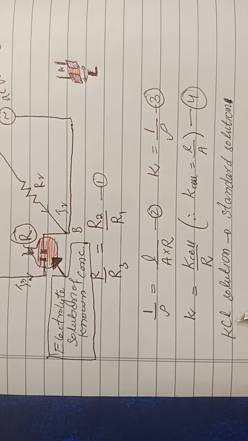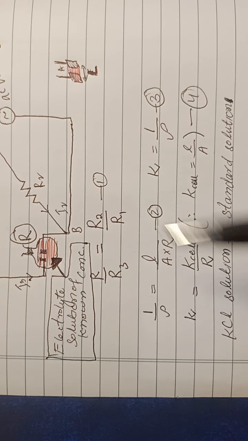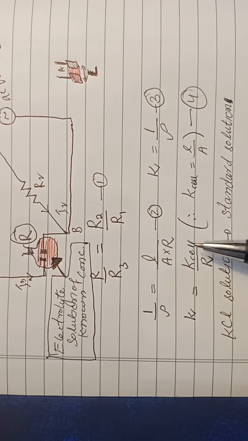So we can take the known concentration of potassium chloride solution, measure the resistance directly from the cell given here, and then calculate the cell constant. This is known as the cell calibration. After this calibration, we will have the value of the cell constant.